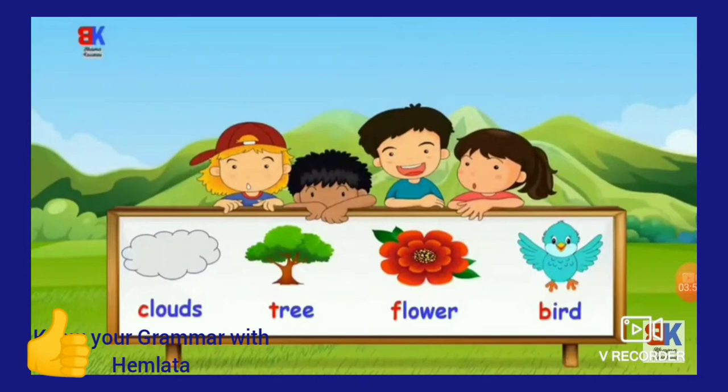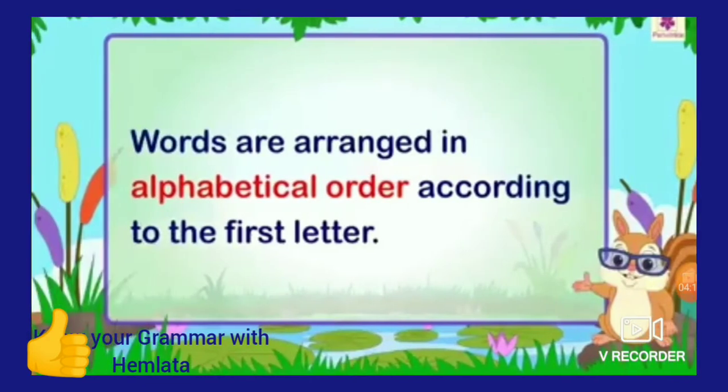Okay, and bird. So if we suggest the first letter B, because B comes first among the objects, then we can take bird. After this C, cloud. After this F, flower, and at last we arrange T, that means tree.